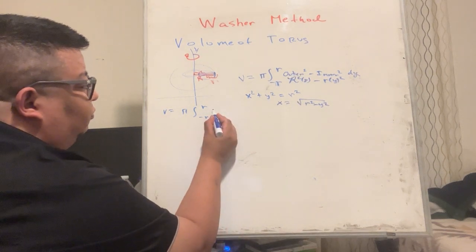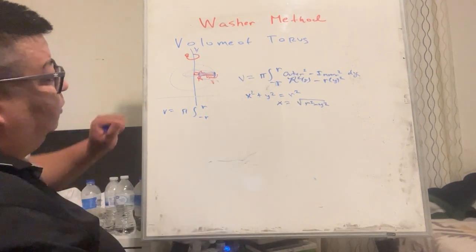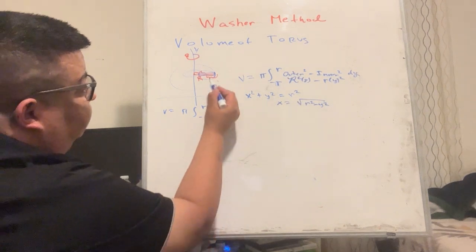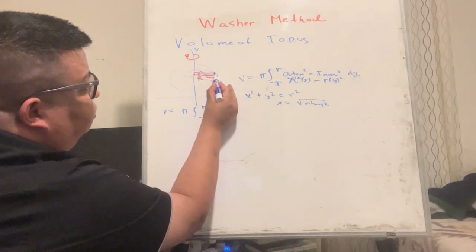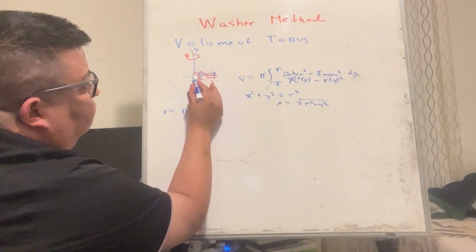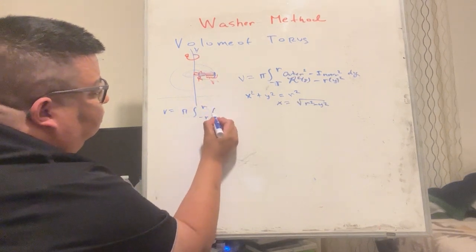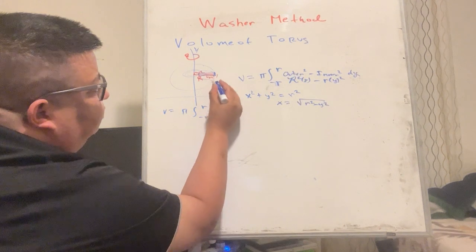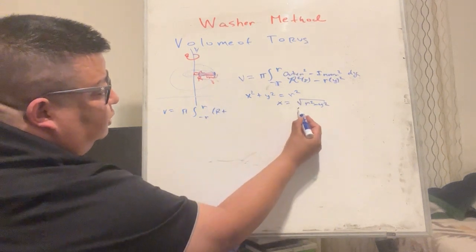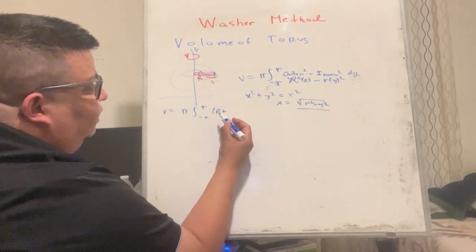Notice, what's the position here? From here to here is R. So from R, we need to add the outside, the position of the outside.